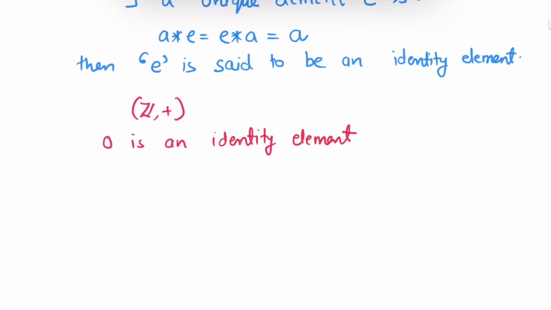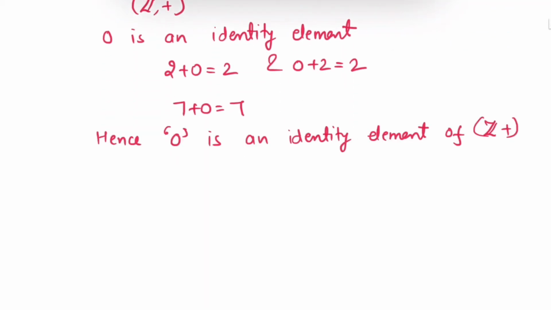Like 2 plus 0 is again 2, and 0 plus 2 always gives 2. Take any integer, for example 7 plus 0, this also equals 7. Hence 0 is the identity element of (Z, plus). Therefore identity exists in (Z, plus).